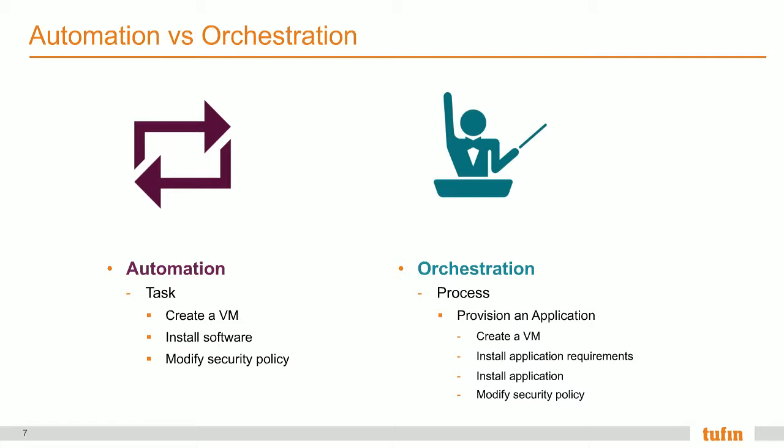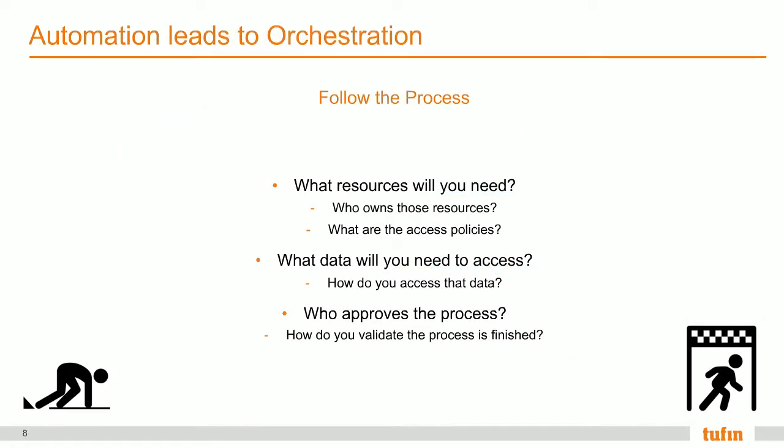So you're going to follow a series of steps to get to the desired outcome that you choose. And the reason that I bring this up is, one, to clarify the terms, but ultimately remember that automation inevitably leads to orchestration, right? It's going to be a rare thing for you to create one singular task and be the only one that uses that task.